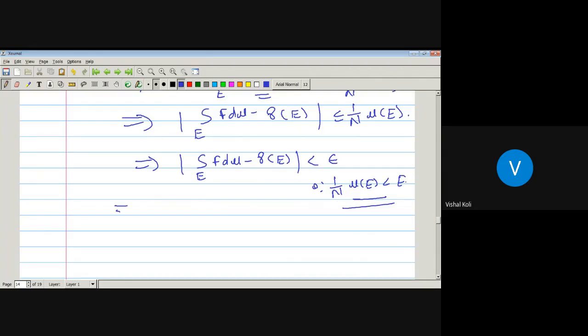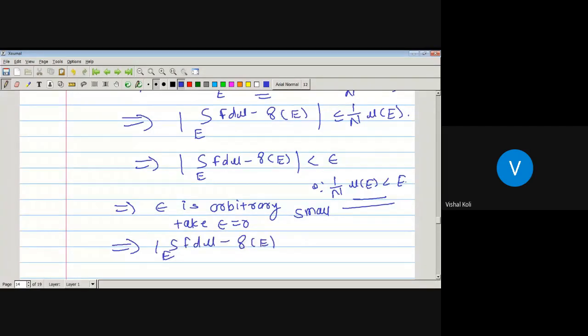But as epsilon is arbitrarily small, take epsilon equal to 0.